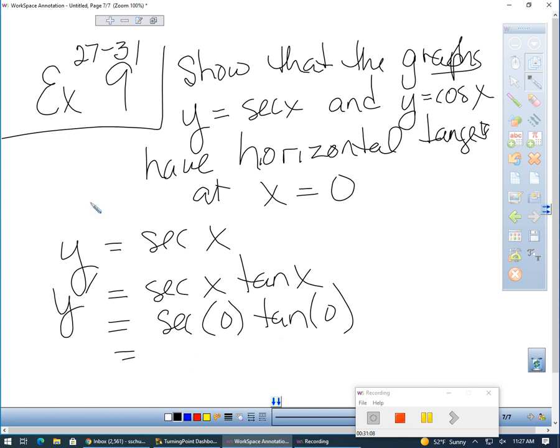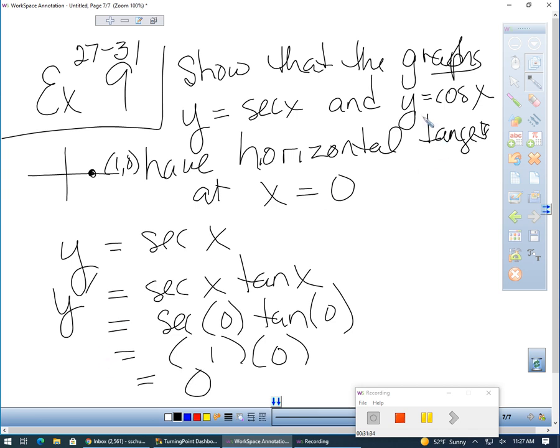Secant at 0 on our unit circle is at 1, 0. Secant is 1 over cosine, so secant at 0 is 1. The tangent at 0 is sine over cosine, or 0 over 1, which is 0. So what is 1 times 0? Look at that. The slope is 0 at 0.